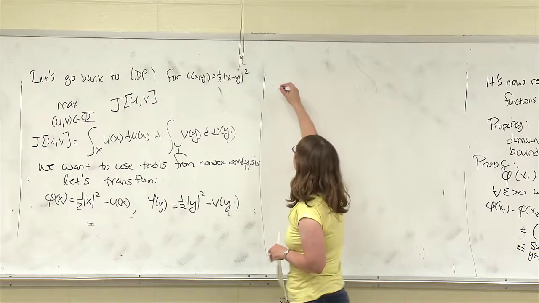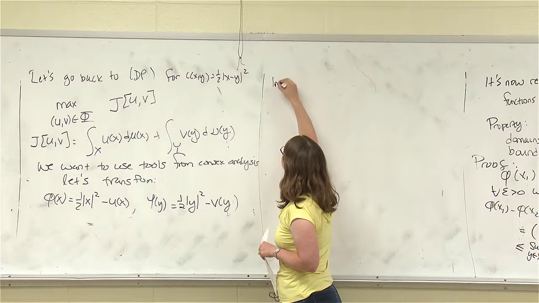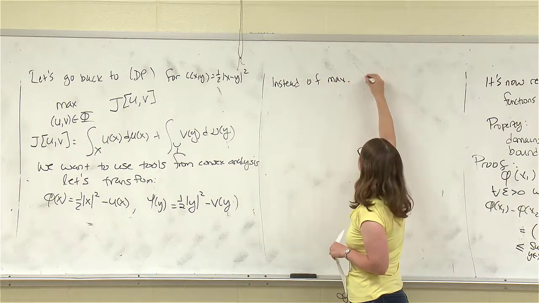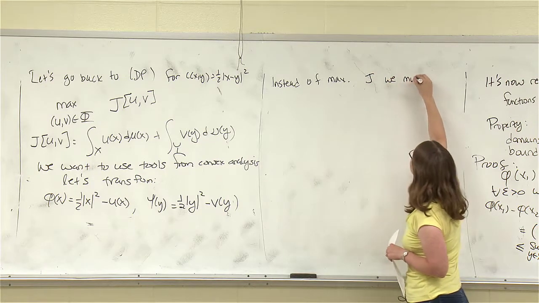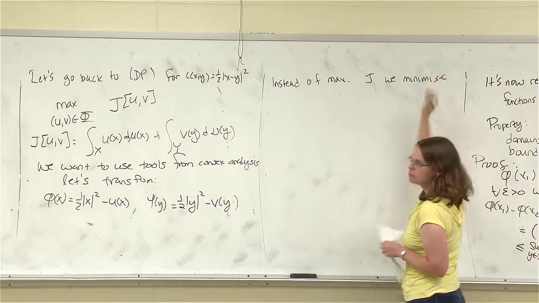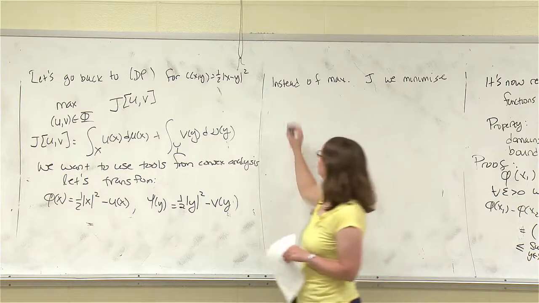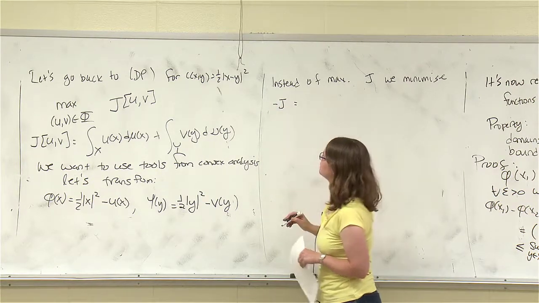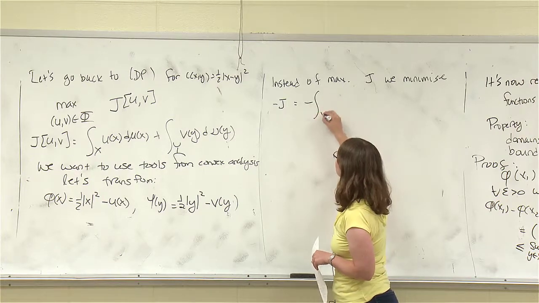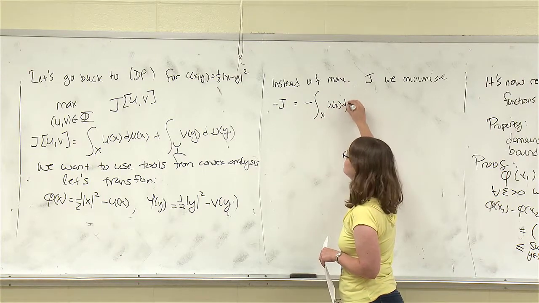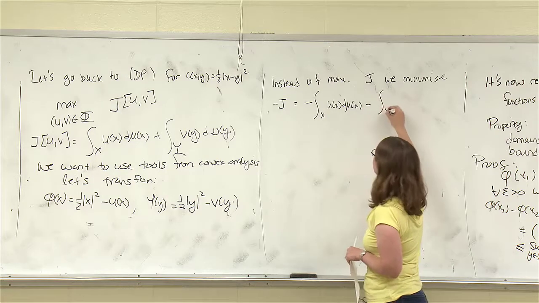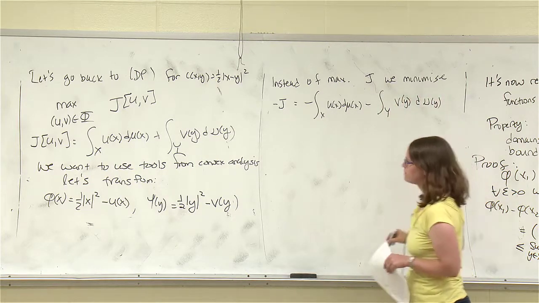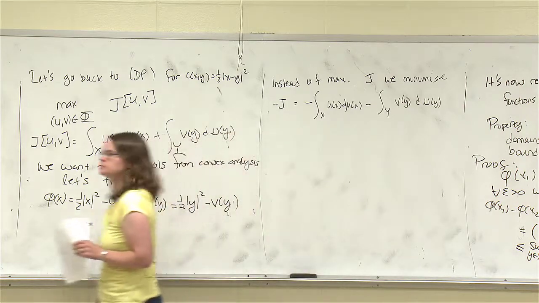Okay, so instead of maximizing J, we try to minimize minus J. It's the same thing. Right, which is minus u d mu and minus v d nu.